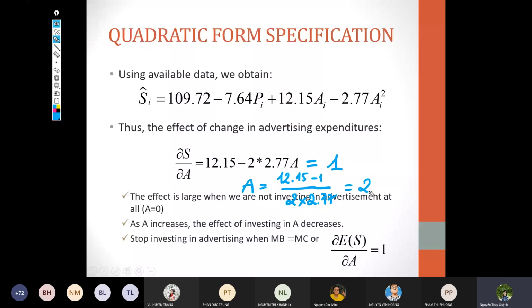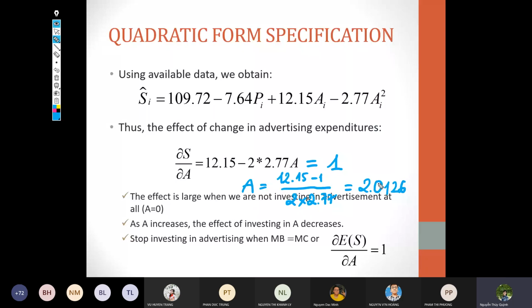So this one is the optimum level of advertising that maximizes our benefit. The optimum level will be achieved when the marginal benefit is equal to the marginal cost.